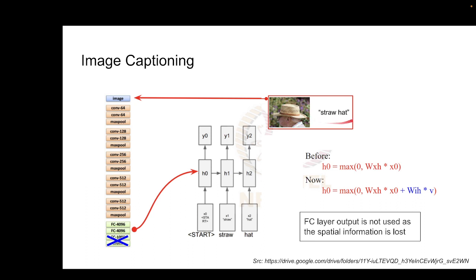By looking at this image, one description can just be as plain as straw hat. There can be other descriptions as well, right. So how did the traditional models train this sort of complicated task? Well, it's very simple. Your input is this image, and this is what you should predict. So they took this image and sent it across to a CNN model, maybe a typical ImageNet pre-trained ResNet model.